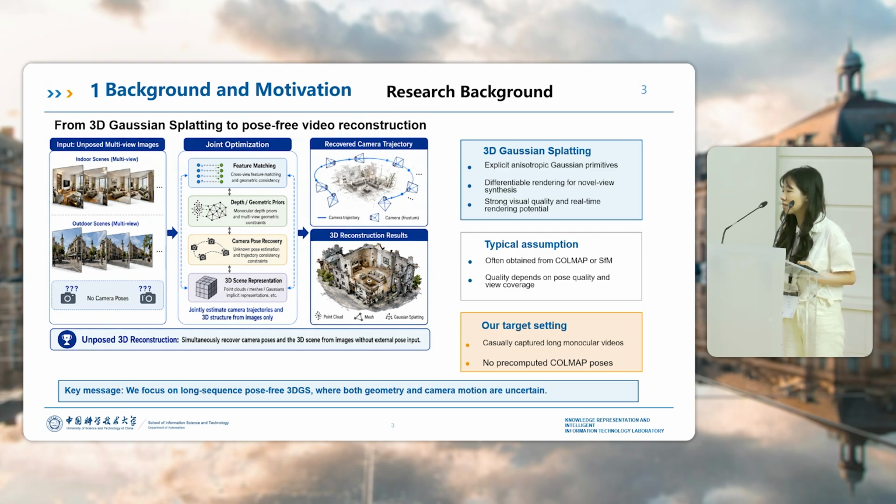Our setting is long monocular videos without pre-computed poses, requiring joint optimization of both poses and Gaussian primitives. In this work, we focus on a more challenging setting, long-sequence pose-free 3DGS. In this setting, both camera motion and scene geometry are uncertain, so the system needs to jointly optimize camera poses and Gaussian primitives.